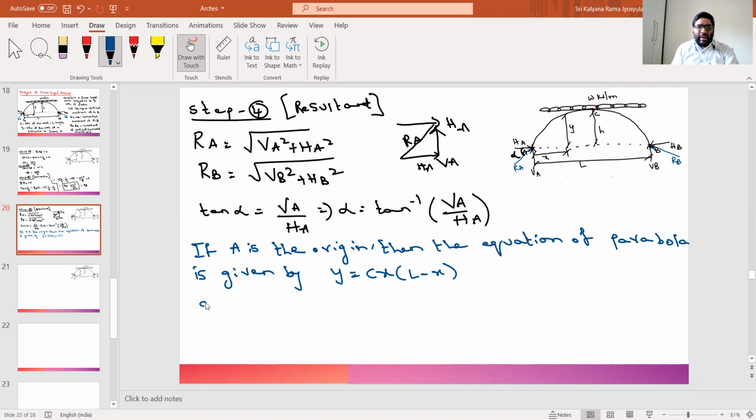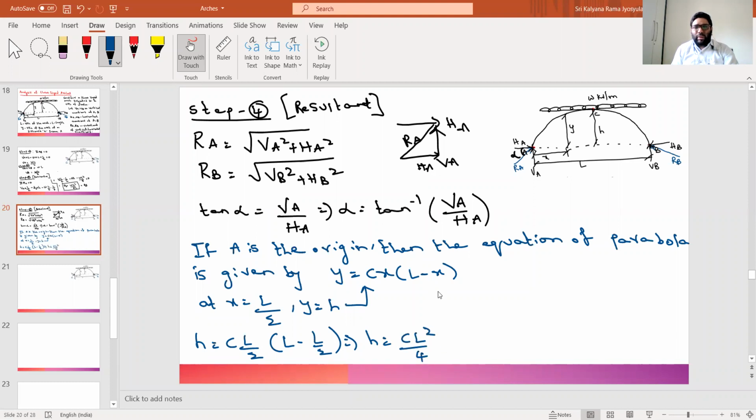Now what happens? At x is equal to L by 2, what is y? See here, at x is equal to L by 2, y is equal to h. Now see what you are getting. Substitute into this. When you substitute it, h is equal to CL by 2 into L minus L by 2. That implies h is equal to CL square by 4.